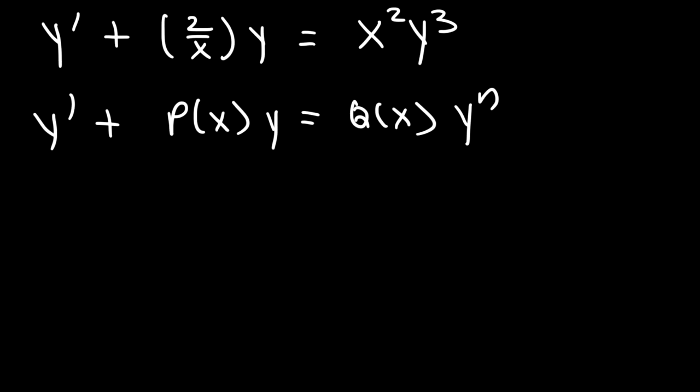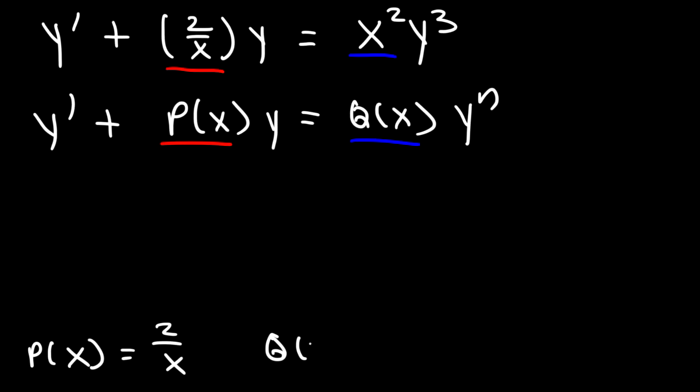So we could see that p of x is 2 over x. So let's write that. And then q of x is x squared in this example. And we could also see that n is equal to 3.